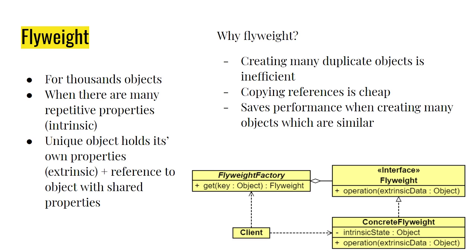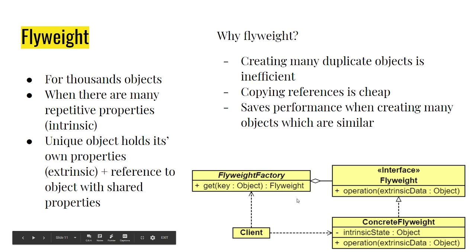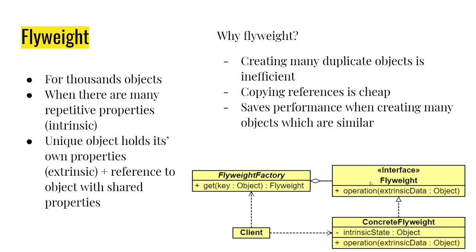So another example would be, well, first let's look at the class diagram. Flyweight, you see here, you have a factory for Flyweight objects. So you have some key to create Flyweight objects. And those Flyweight objects will hold a reference to intrinsic state.